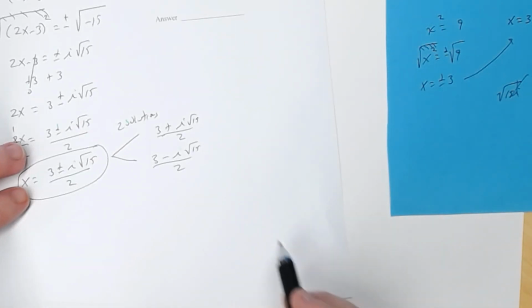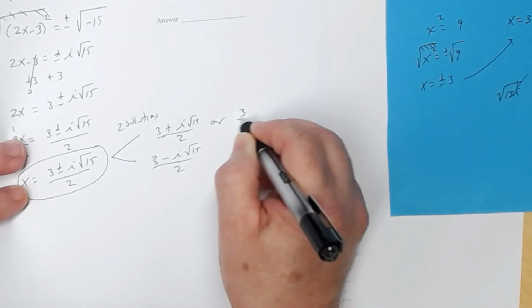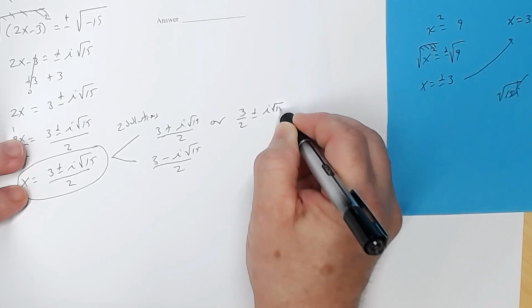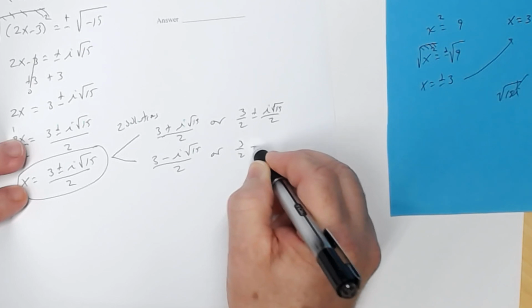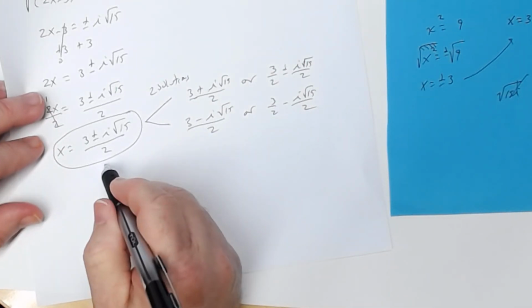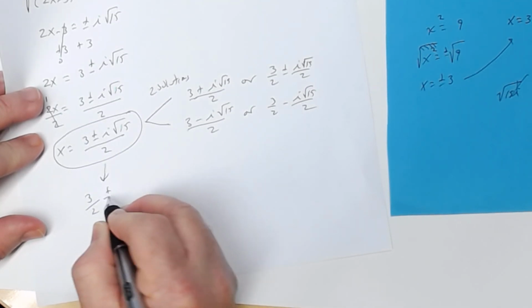The other thing you can do is write it as 2 separate fractions like this, right? So you can say 3 halves plus or minus i square root of 15 divided by 2. You can say the same thing here. 3 halves minus i square root of 15 divided by 2.